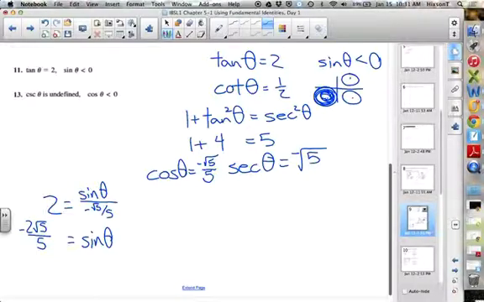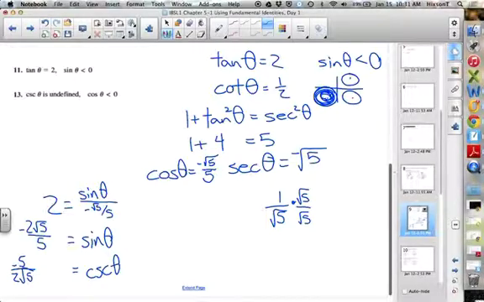No. When you take the reciprocal, the 2 is on top. Yeah, it was just root 5 over 5, so this is 2 root 5 over 5. And then you can get cosecant by taking the reciprocal. So cosecant is the reciprocal of that, so negative 5 over 2 root 5.